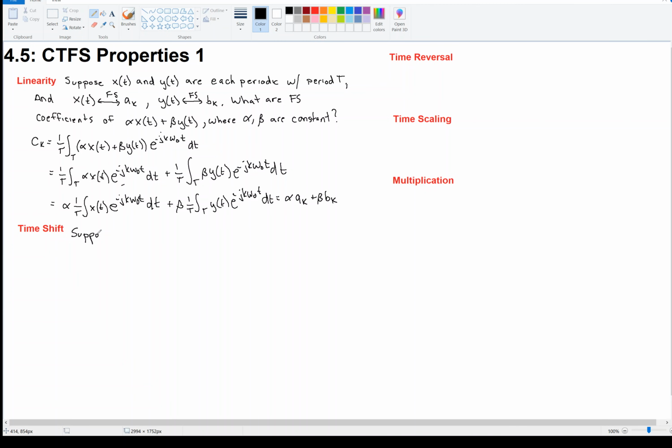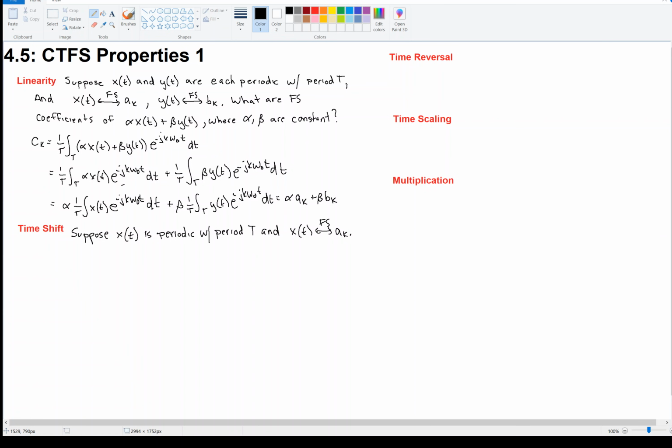Again, suppose x of t is periodic with period T, and x of t has Fourier series coefficients a_k.